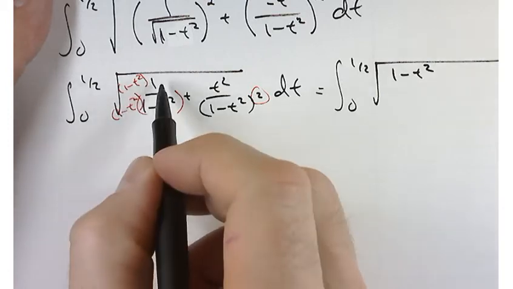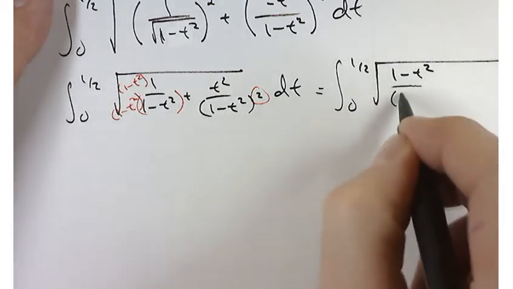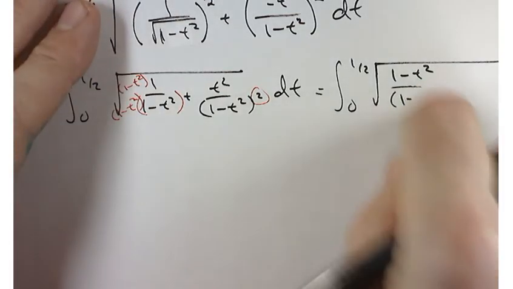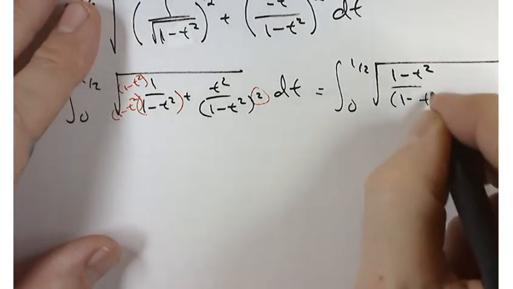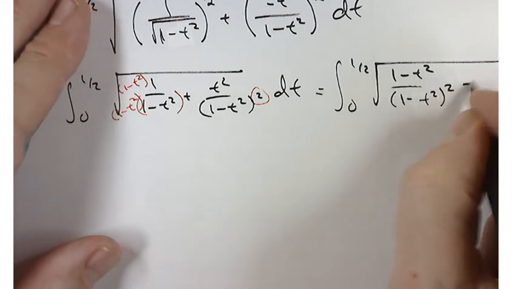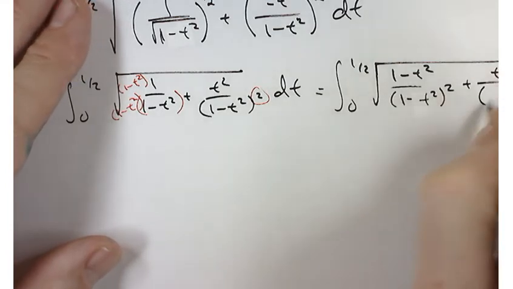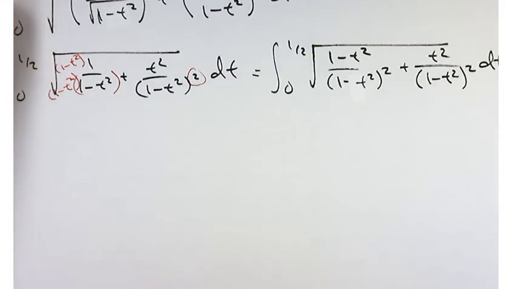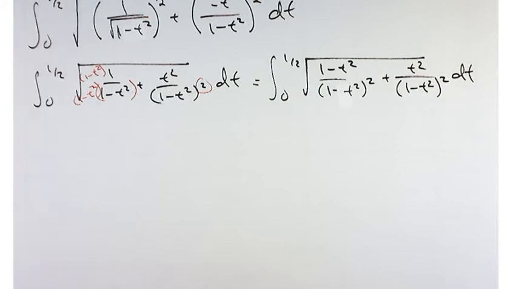Because 1 minus t squared times 1. And then 1 minus t squared again in the denominator, except this time it's going to be squared. Did that help us out a lot? Yeah, it really did.